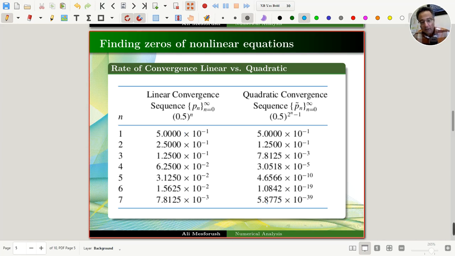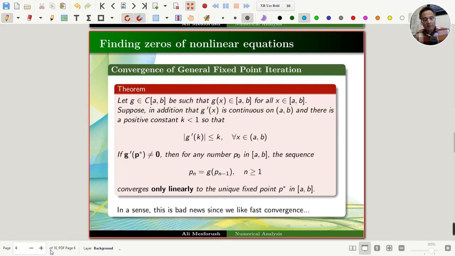It's 5.8775 times 10 to the power of minus 39, a very small number. So you can see the effect of the quadratic convergence in comparison with the linear convergence.